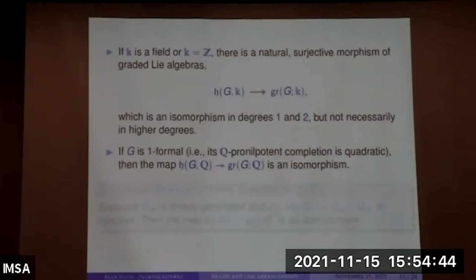So there is a whole theory about this unipotent completion of the group. And if that Malcev algebra is quadratic, that means it has a quadratic presentation, then we say the group is one-formal, although there are many other definitions. Anyhow, in that situation, which I will come back to, for example, all arrangement groups are one-formal. Okay.